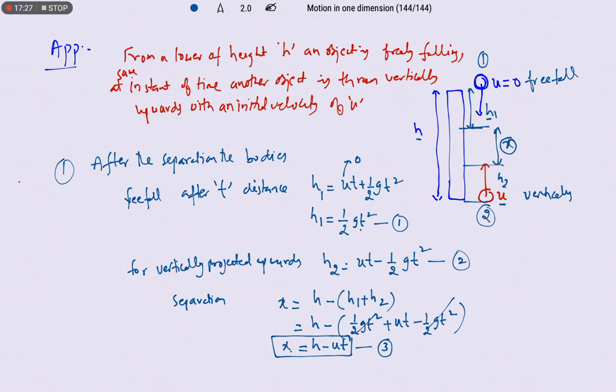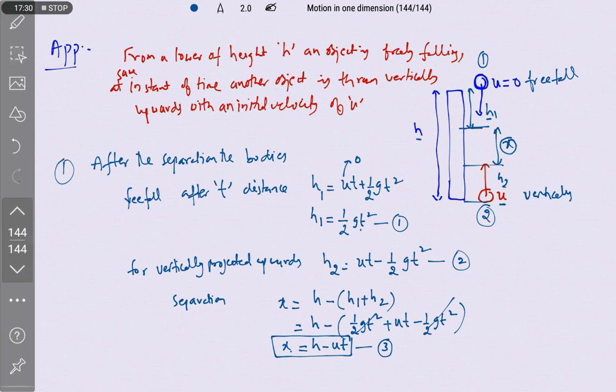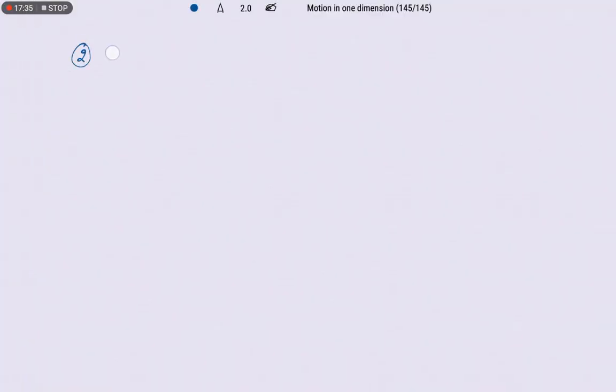Now let us extend this scenario. Suppose they meet at a point. When the two bodies are meeting at a particular point, what will happen?